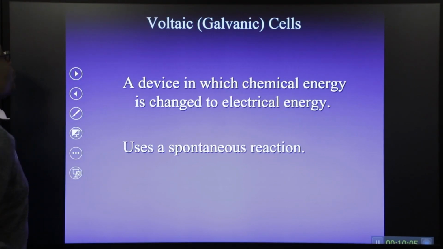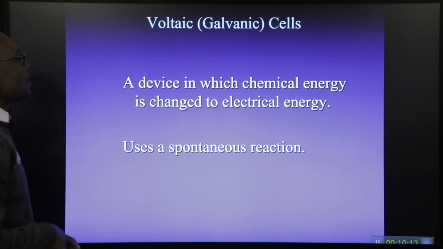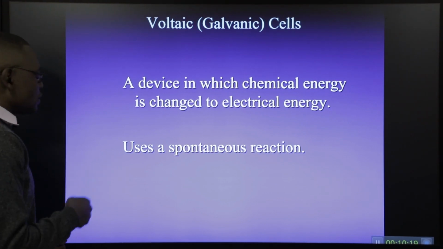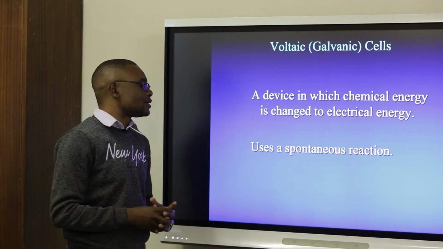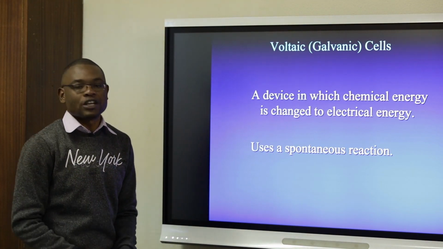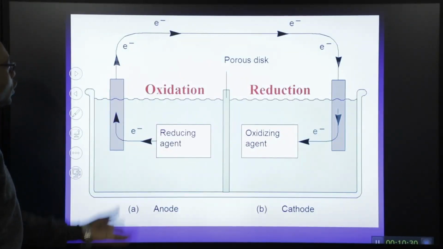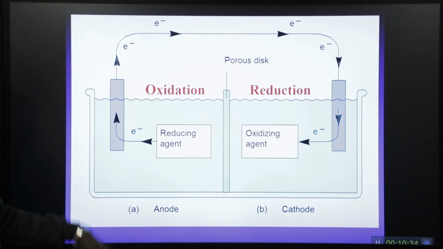Okay, so let's go into the fine details of a voltaic or galvanic cell. We are saying this is a device in which chemical energy is changed to electrical energy. So this cell witnesses spontaneous reactions taking place in the system. Okay, so here is a typical representation of a galvanic or voltaic cell.